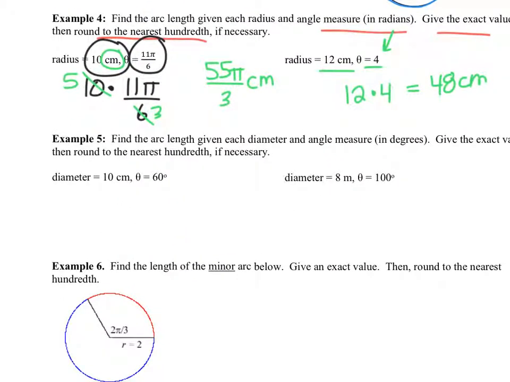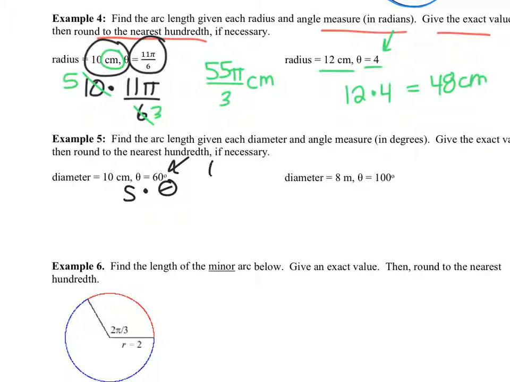Example 5, find the arc length given the diameter and in degrees. Give the exact value. So diameter, remember, is twice the radius. So I have to convert these degrees to radians. So it's going to be radius times radians.